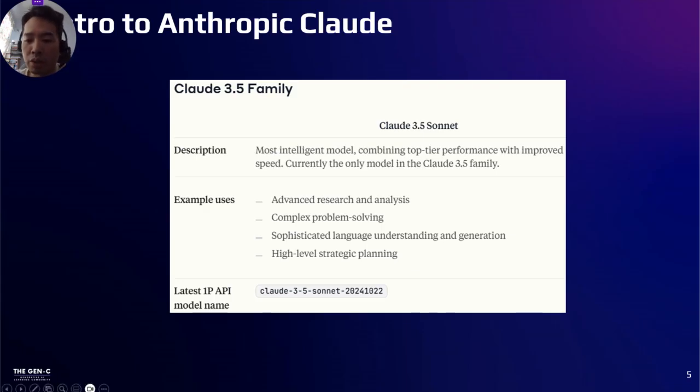Claude 3.5 Haiku improves across every skill set with a similar speed to Claude 3 Haiku and even surpasses Claude 3 Opus on many intelligence benchmarks. Claude 3.5 Sonnet is the most intelligent Claude model, combining top-tier performance with improved speed, and example uses include advanced research analysis and complex problem solving.